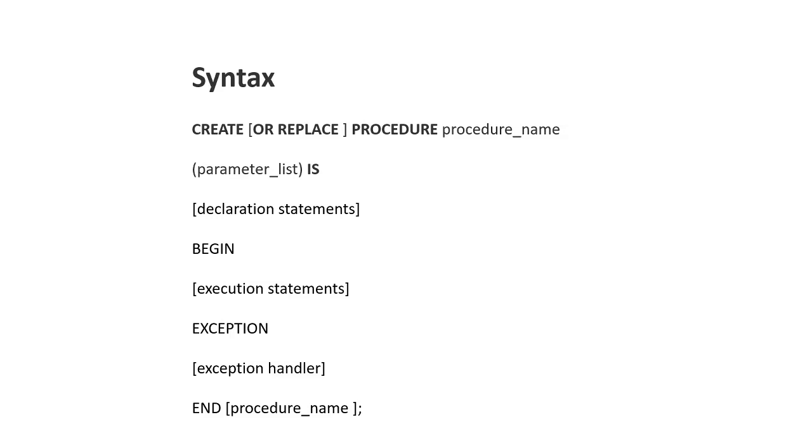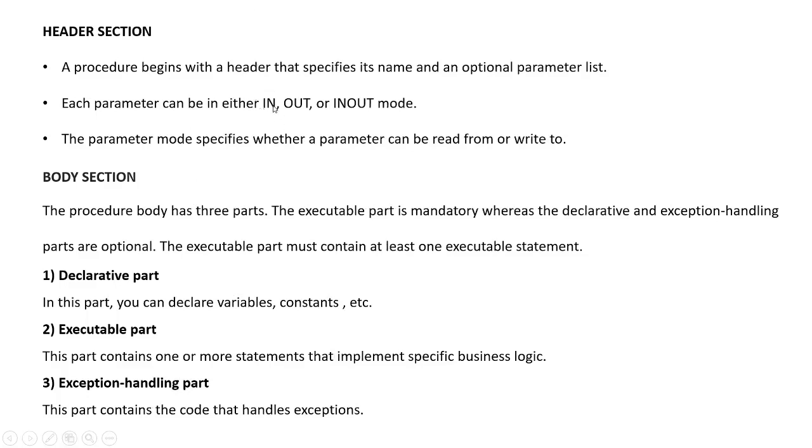Those parameters can be of three different kinds. It can be in, it can be out, and it can be in-out. If the argument that you are specifying is of in type, that means it can receive a value from the procedure call. And an out parameter instead is going to return a value back to the procedure call.